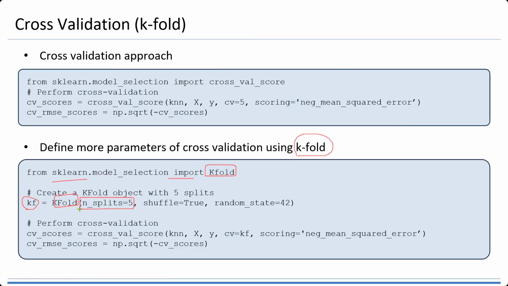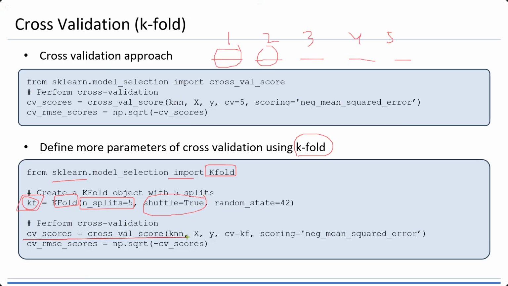It means I will split into 5 segments of the data. And then shuffle is true. Shuffle is true means it is randomly segmented into fold 1, fold 2, fold 3, 4, and 5.